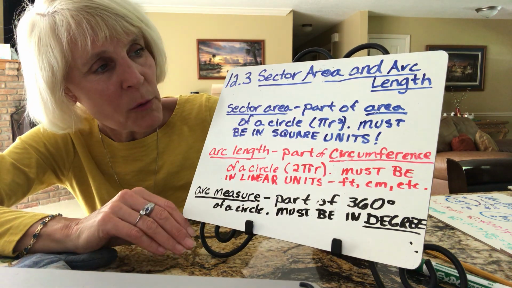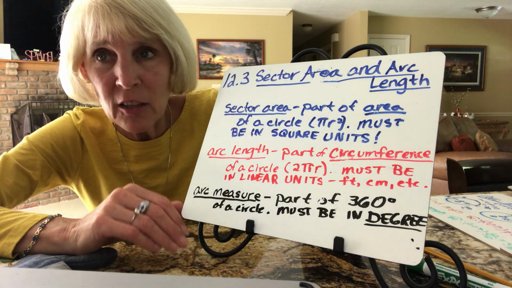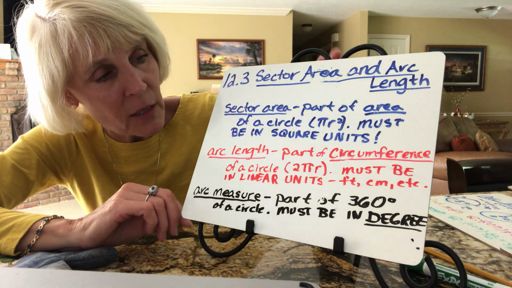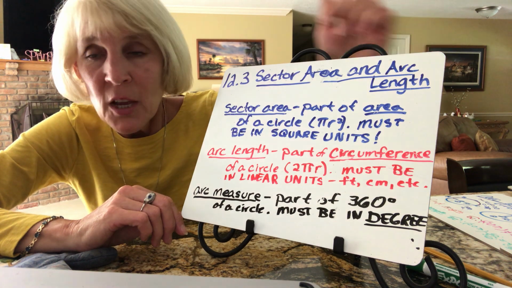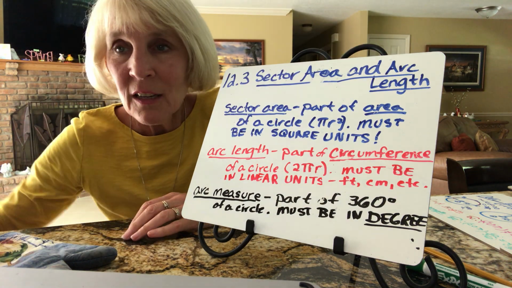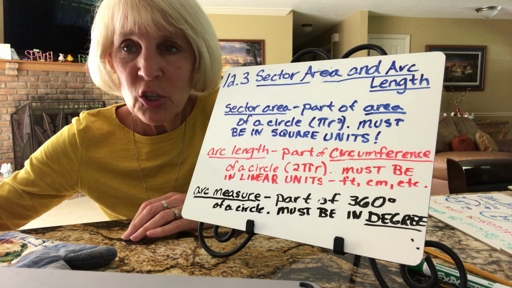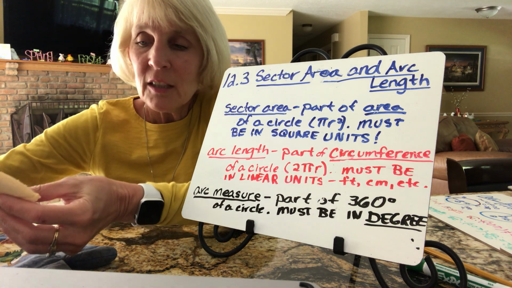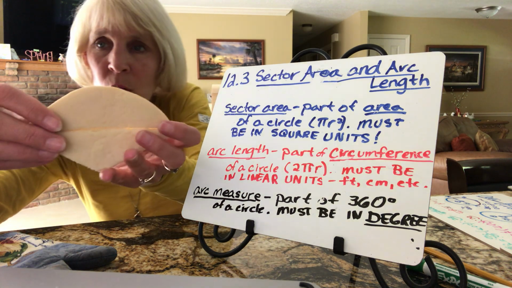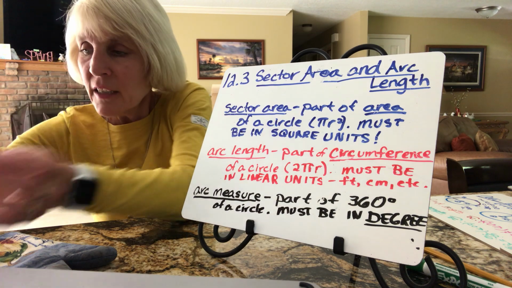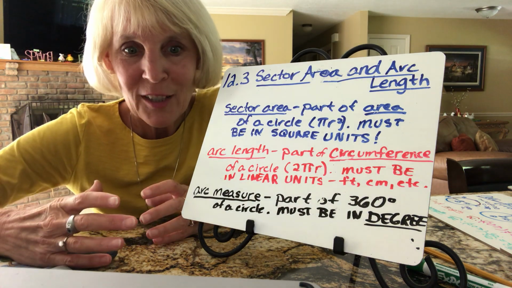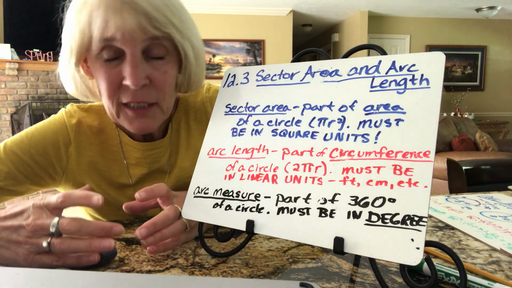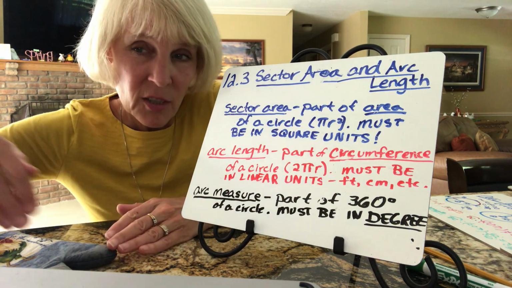Okay, so 12.3 we're going to be looking at, and then we'll also be looking at some radians and what that means. So 12.3 is sector area and arc length. The sector is basically the same thing as what we just looked at. It's the whole piece of pie. I like to think of it as a piece of pizza, although I don't have a pizza right here. That'd be nice too, huh? But if you had a piece of pizza, most pizzas are cut to the center.